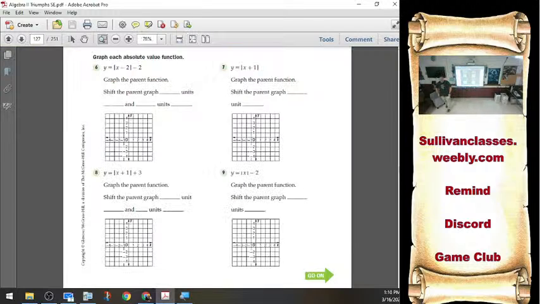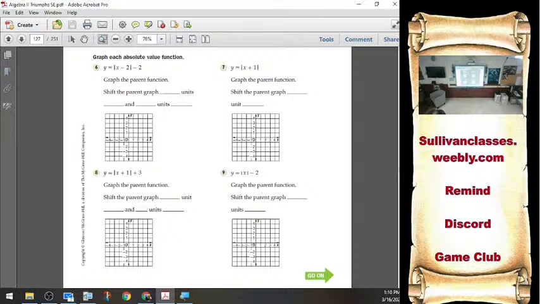Let's try again. Those 4. You don't have to do the parent graph this time, if you don't want to. I know it says graph the parent function. You don't have to. If you can go straight to where this V is, you're fine. Get them? Yeah. Okay.